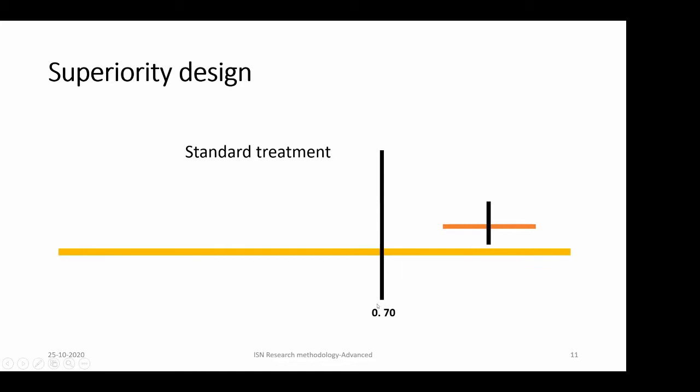Now, if we are testing a new drug with the old drug in the comparator arm, if it is a superiority design, what we want to prove is that the efficacy of the new drug is somewhere more than 70%. Not only the efficacy, the lower limit of the confidence interval also should be more than 70%. It could lie anywhere above 70%. The only concern is the lower limit of the confidence interval should be above 70%, which is the efficacy of the current treatment in question.